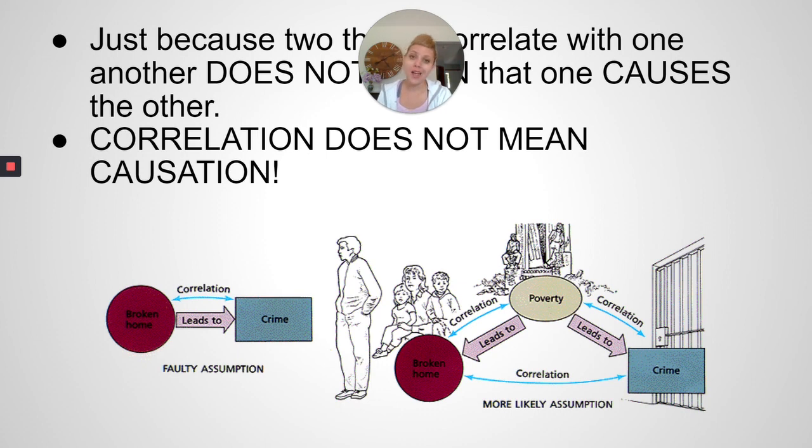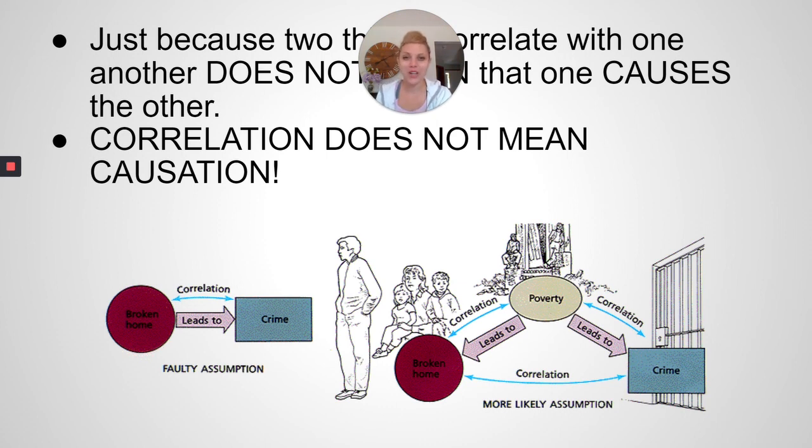But being someone who lives in poverty also increases the likelihood of committing crime to survive. And so all of these things correlate to each other. Just because a broken home has this strong correlation to crime doesn't necessarily mean that that is the reason why a person is going to commit a crime, and vice versa. Just because somebody has committed a crime does not necessarily mean that they will then have a broken home. So correlation does not mean causation.